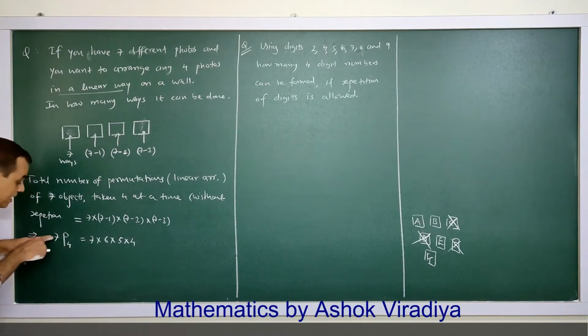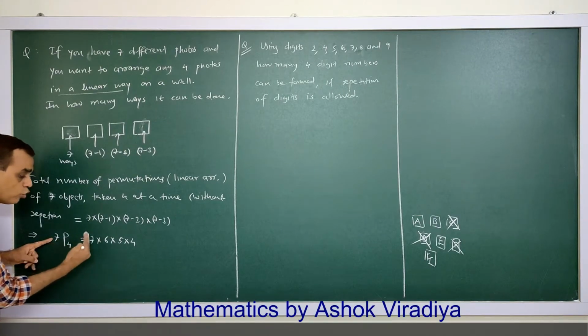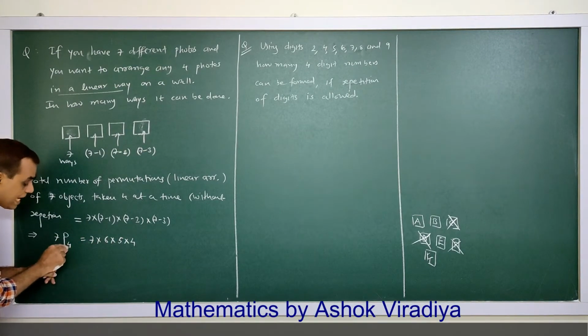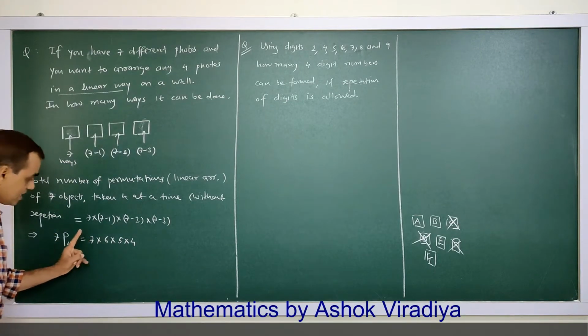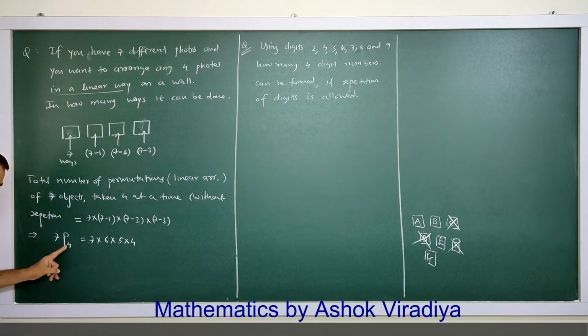That means begin from 7 and go back till 4 steps. Begin from 7, that is the first step. Go back, second step, third step, fourth step. So take up to 4 steps. Suppose you are given 10 objects. From 10 objects, you want to arrange 6 objects.